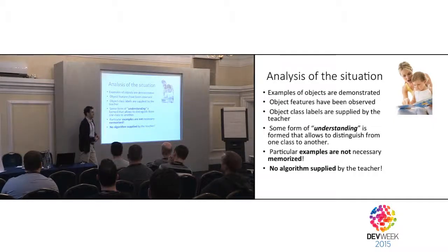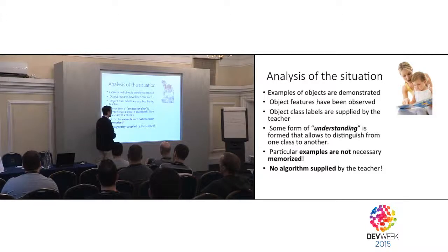Now, when the mother told her child, this is a cat or this is a dog, the object class labels were supplied along with the feature information to the learner. In the end, some form of understanding is formed that allows to distinguish an object of one class from another. And we will talk soon about what this understanding is.